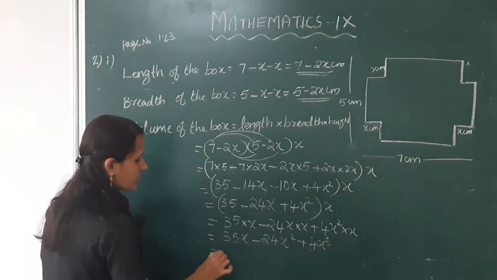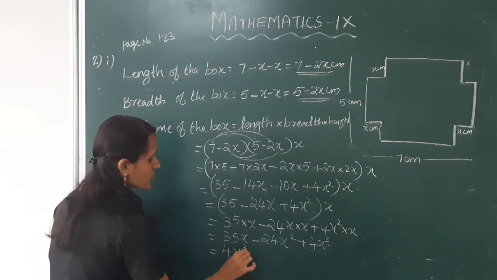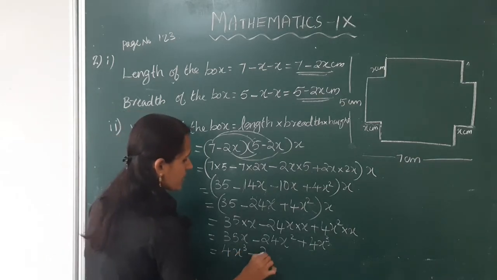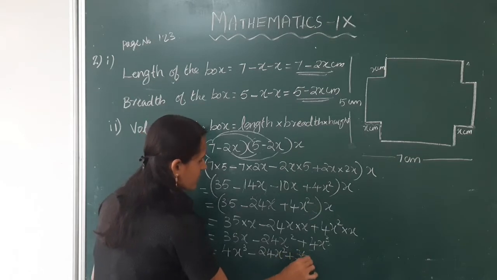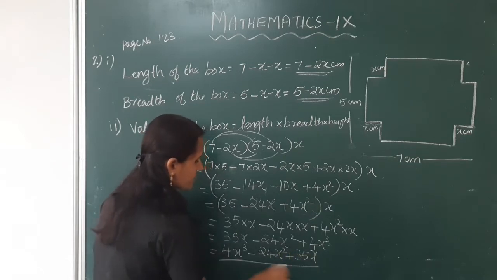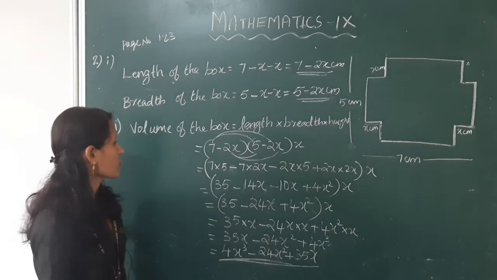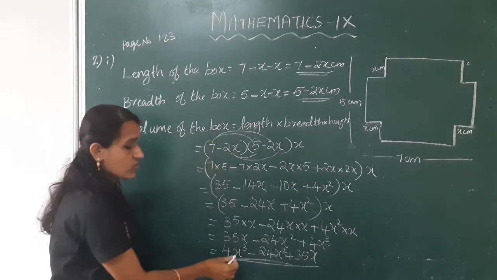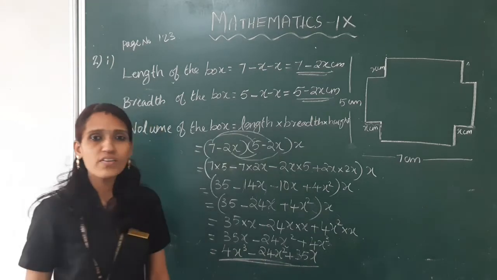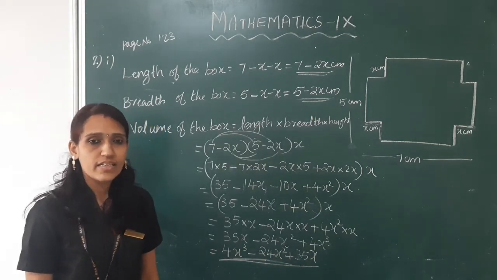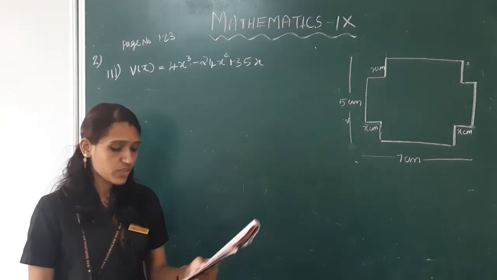This is equal to 4x cube minus 24x square plus 35x. Volume of the box is equal to 4x cube minus 24x square plus 35x. Clear, children?